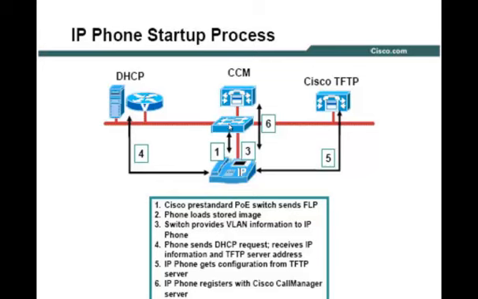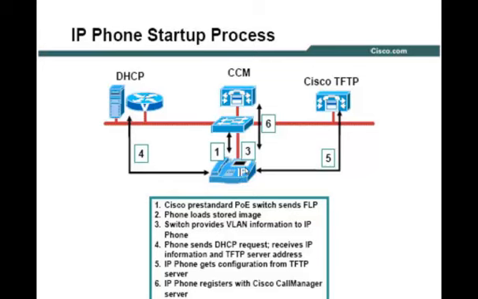Once the VLAN information has been provided to the IP phone, it goes to the DHCP server and gets an IP address. Apart from the IP address, DHCP also provides option 150, which is the IP address of the TFTP server where the images of the phones are located.